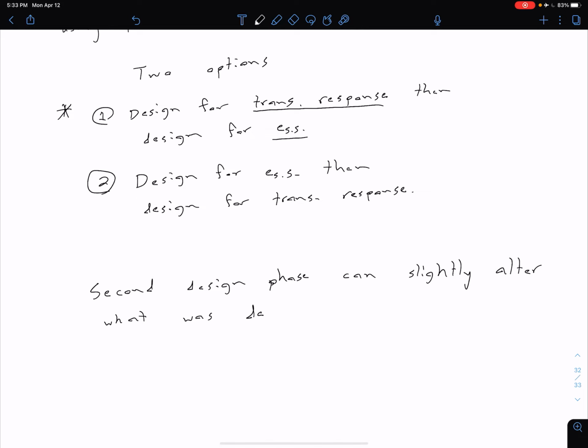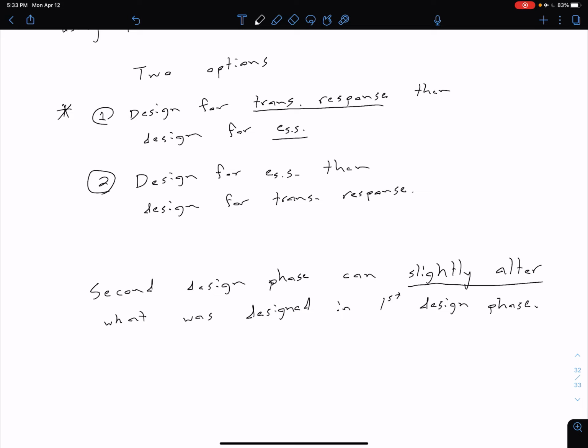And what we're going to see is that's not necessarily always a bad thing. Sometimes it works in our favor.